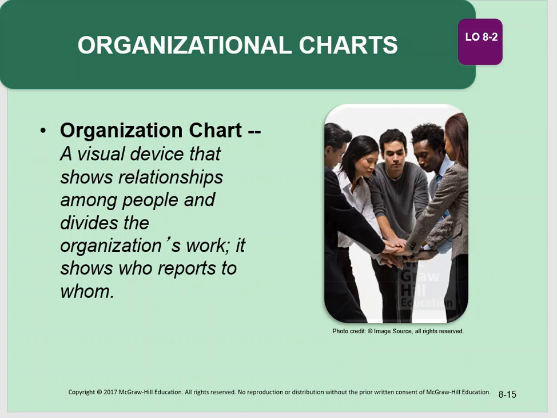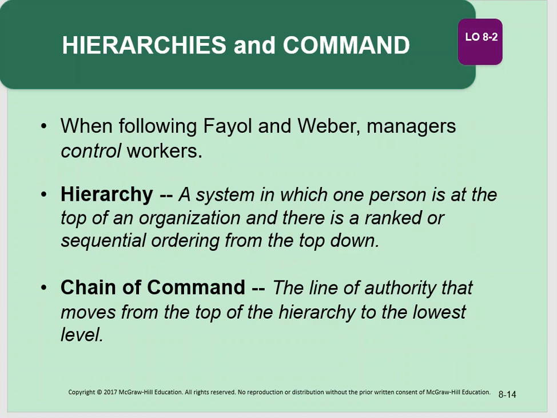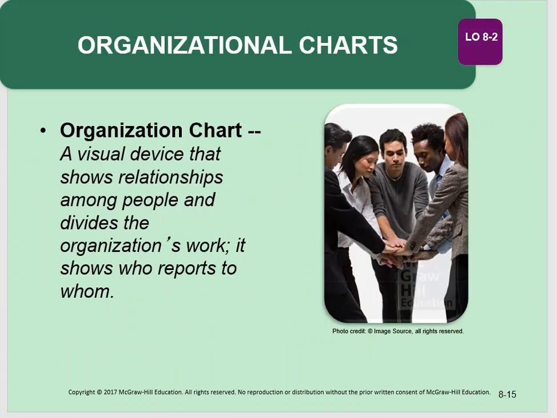So the best way I would show this is that the hierarchy is the overall system from top down. The line of authority from the top to the bottom is called the chain of command. And the chain of command can be visually shown through an organizational chart.